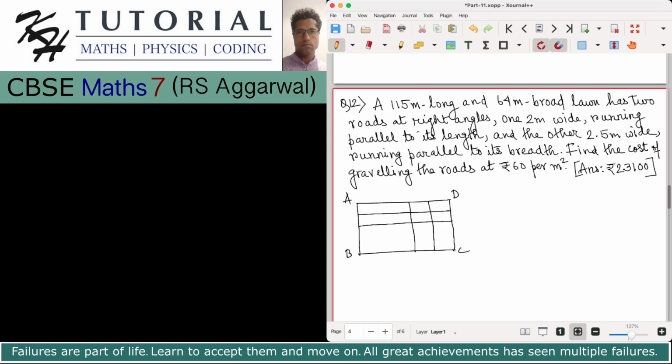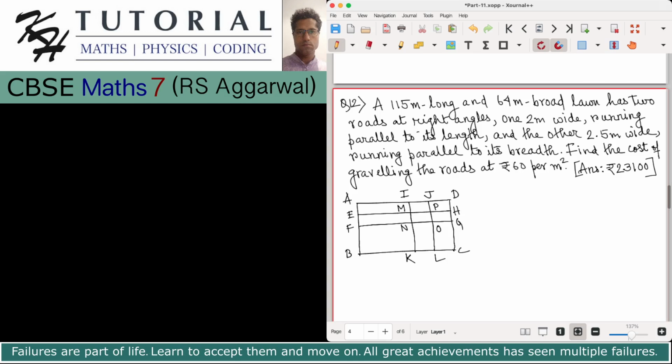Let's say the road running parallel to the length P, E, F, G, and H, and the road running parallel to the breadth B, I, J, K, L, and let the overlapping area between the two roads be M, N, O, P.